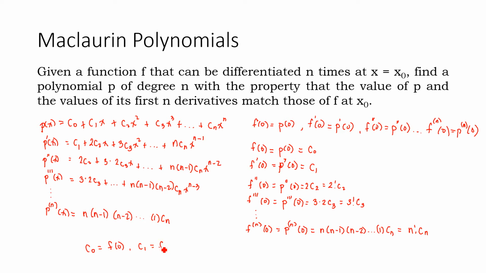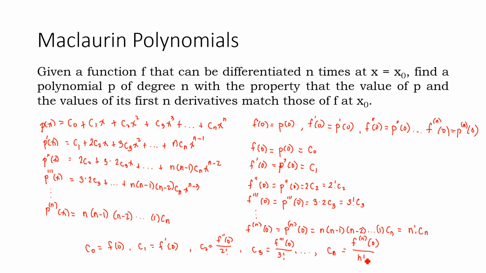our c sub 1 would be equal to the first derivative of f of 0, and then the c sub 2 would be equal to the second derivative of f of 0 over 2 factorial, and then our third coefficient would be the third derivative of f of 0 over 3 factorial, and so on, c sub n would be equal to the nth derivative of f of 0 over n factorial.